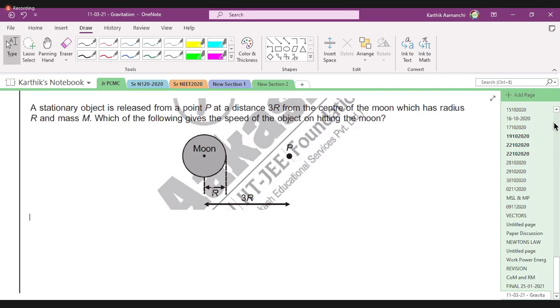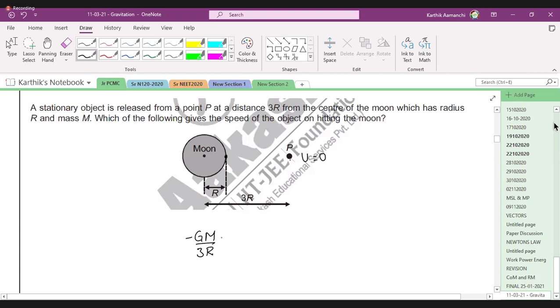Conservation of energy. This body is initially at rest, so kinetic energy is 0. When it comes here, what will be your potential? Minus GM divided by 3R, no? Yes, sir.